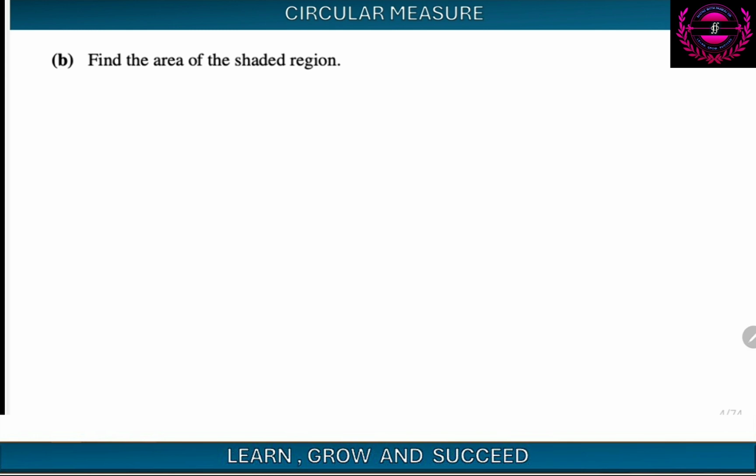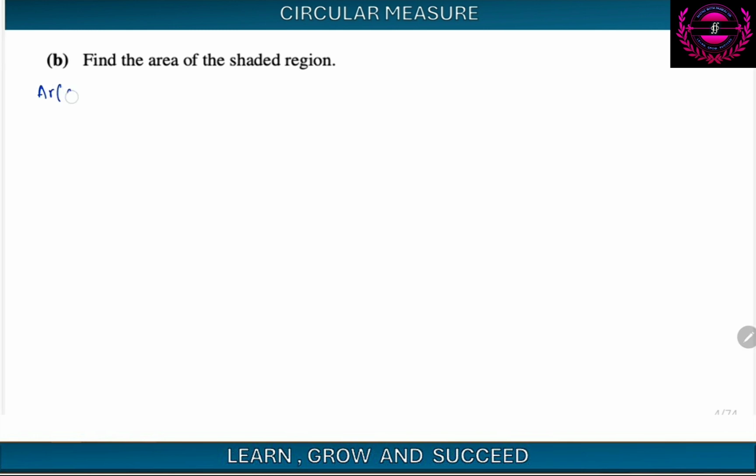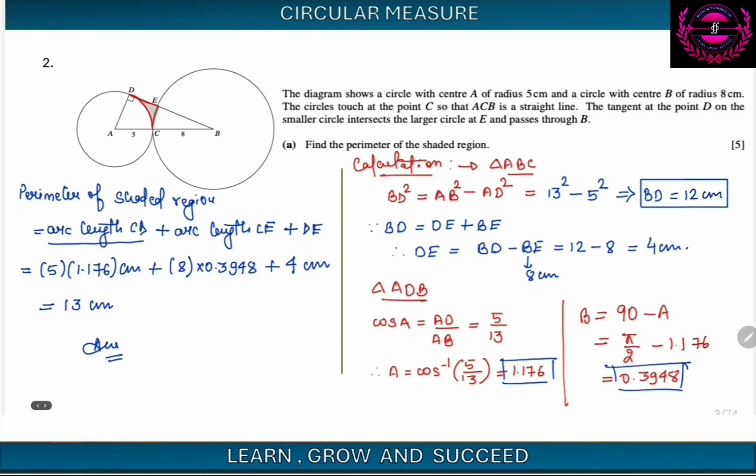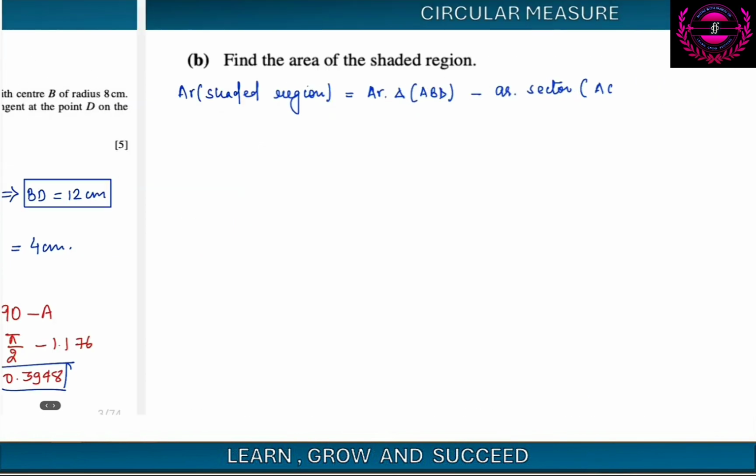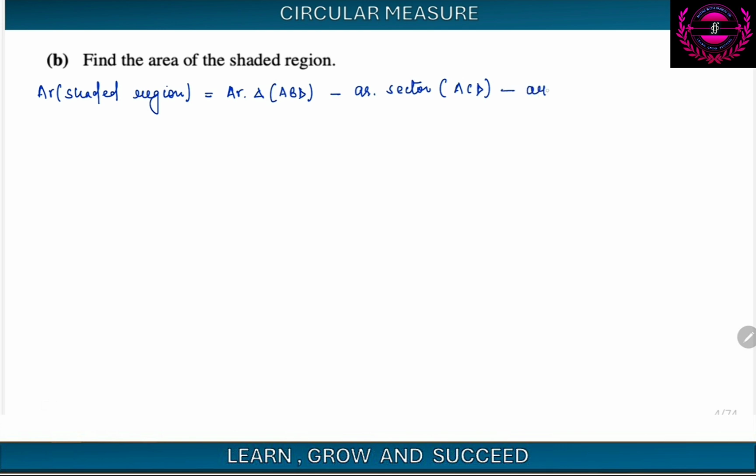So the area of the shaded region will be area of triangle ABD minus area of sector ACD, minus area of sector BCE.